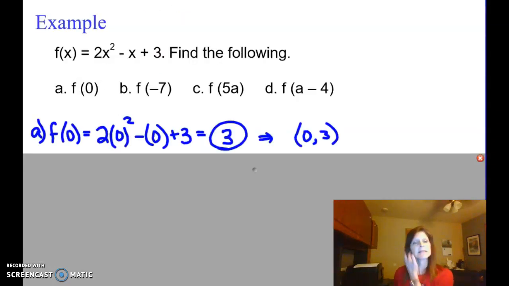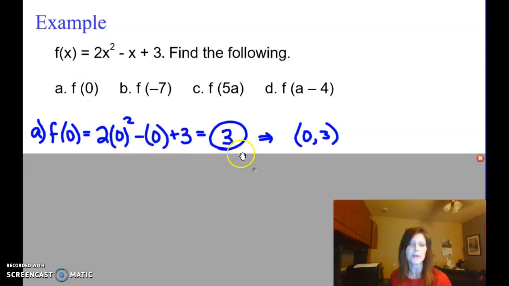I have f of x is equal to 2x squared minus x plus 3. So we have function of x, and then this is what we call the rule part over here. So whatever I put in the parenthesis is what has to replace x in that formula or rule. So f of 0 means you have 2 times 0 squared minus 0 plus 3.